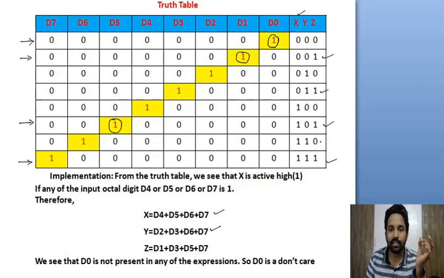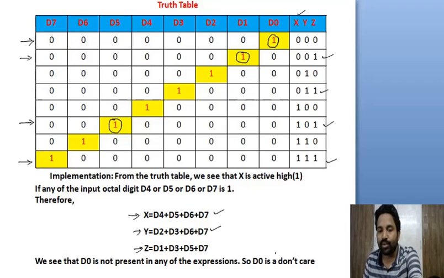So all these are the output expressions of X, Y and Z. Now if you observe here, D0 is not present in these outputs. That means we are going to consider D0 as a don't care condition.